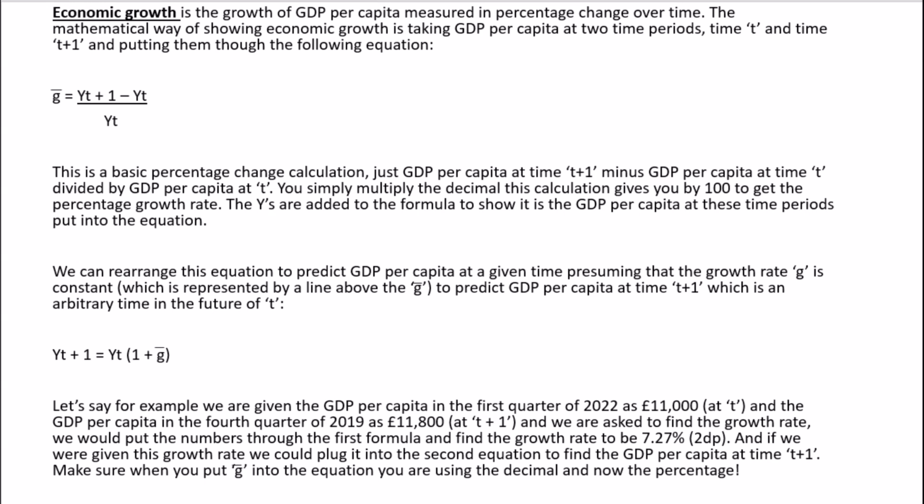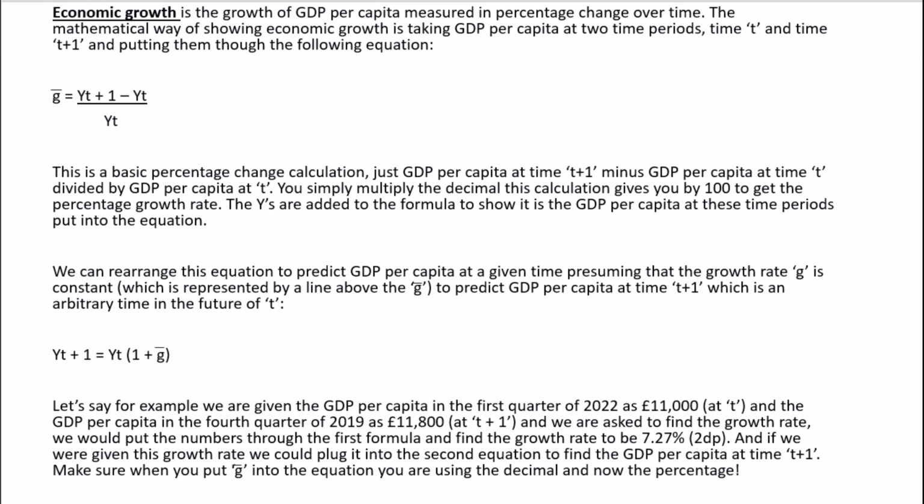So it's fairly simple. We can rearrange this equation to predict GDP per capita at a given time, presuming that the growth rate, g, is constant, which is represented by a line above the g. To predict GDP per capita at time t plus 1, which is an arbitrary time in the future of t, let's say again that this is talking about GDP per capita in 2009.